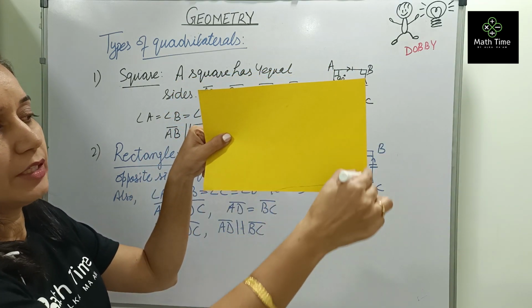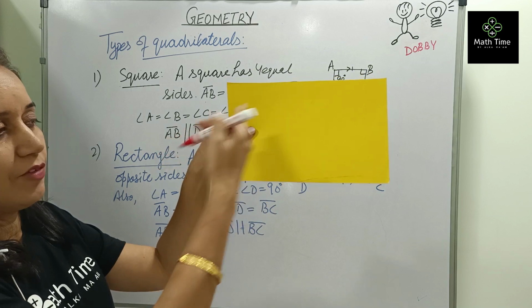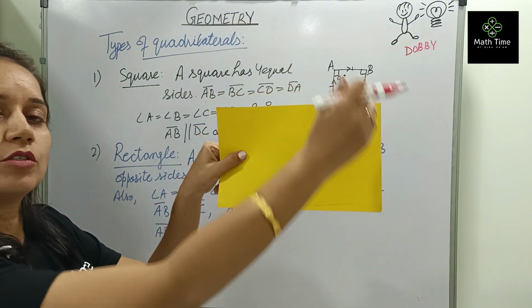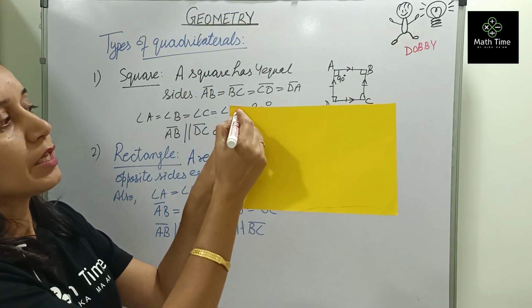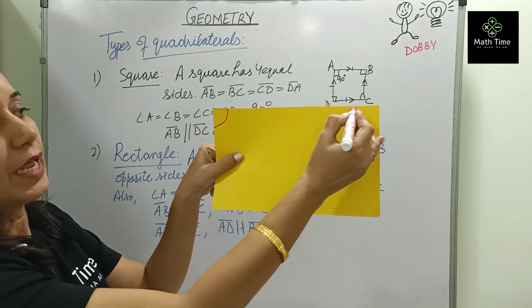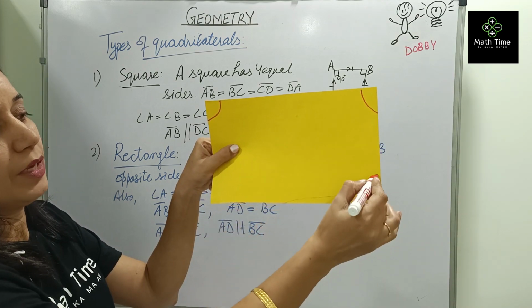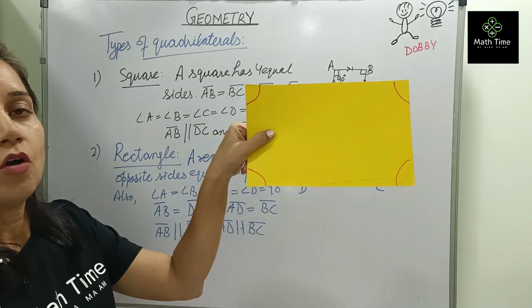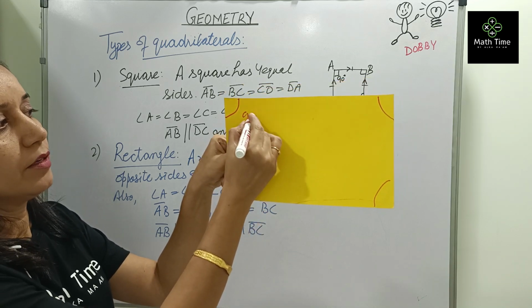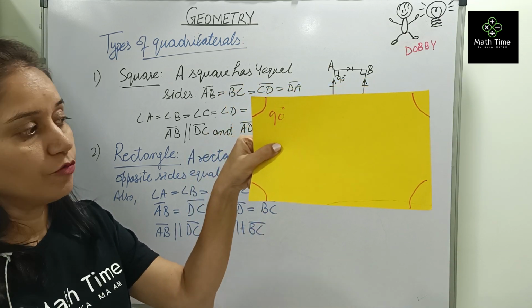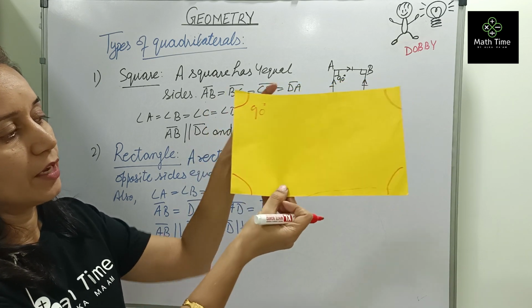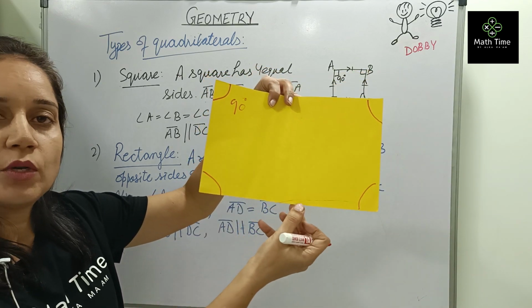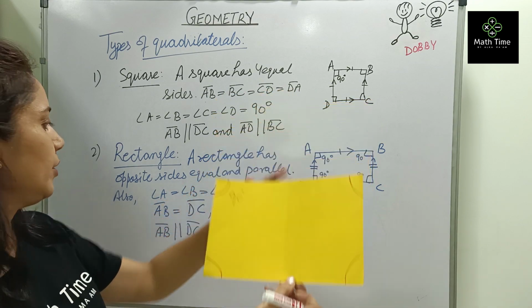In the same way, if you increase the left and right sides, they will also never meet, they are parallel. Apart from that, corner angles A, B, C and D, all four angles are 90 degrees, perpendicular to each other. Okay.